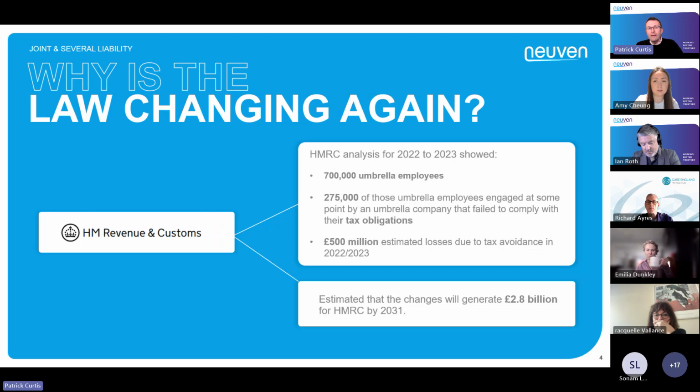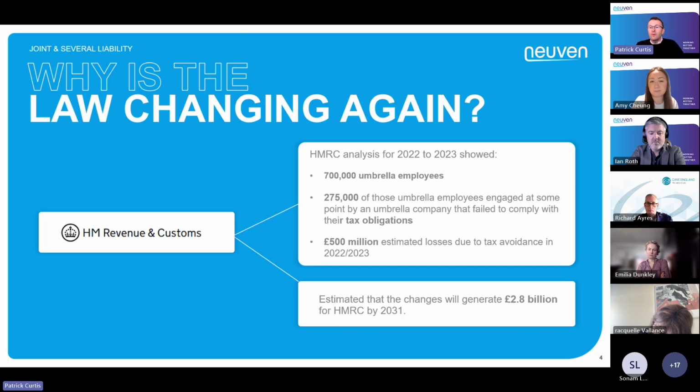It looked at a number of different ways to do this, including licensing umbrella companies, banning umbrella companies, and just moving the obligation to pay the PAYE and NI further up the supply chain. But what it settled on as a route for dealing with the issue was joint and several liability.